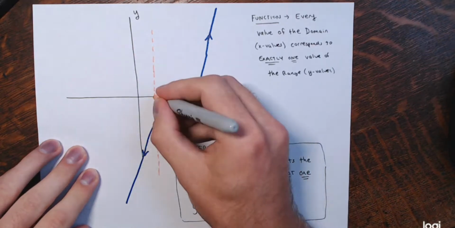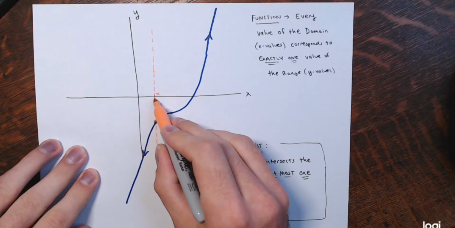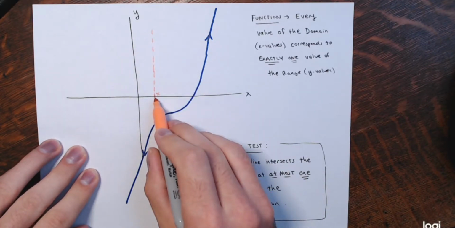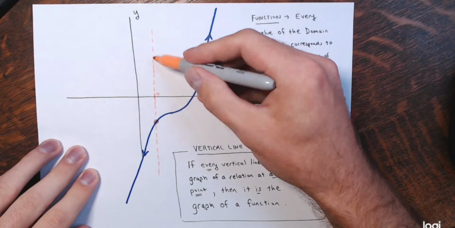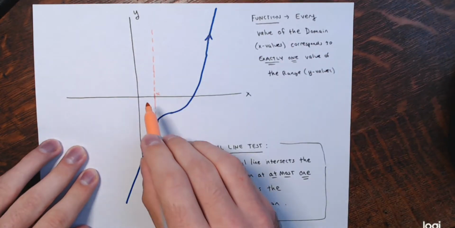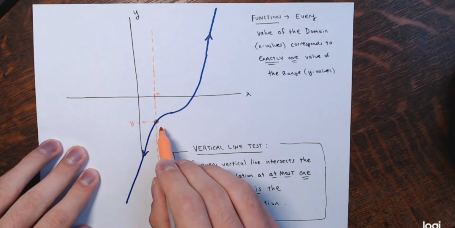So that means that this x value, every vertical line will basically correspond to a single x value, a single value on the x-axis. So if a vertical line hits the graph 1 time, that means that x value corresponds to 1 y value, right?